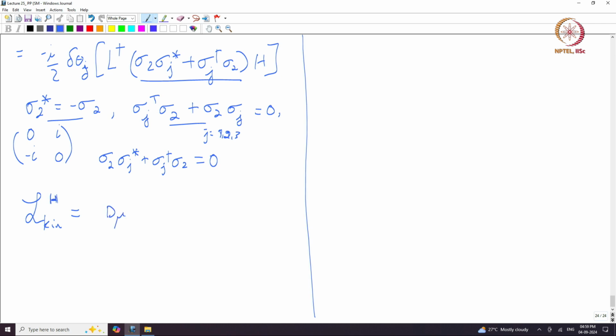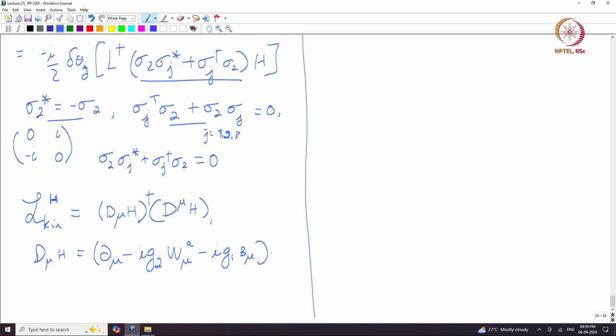It is nothing but this in terms of the covariant derivative, where the covariant derivative is what? There is a G2 because it is a doublet, and it also is charged under hypercharge, and the hypercharge is 1, so I am just writing a 1 here.